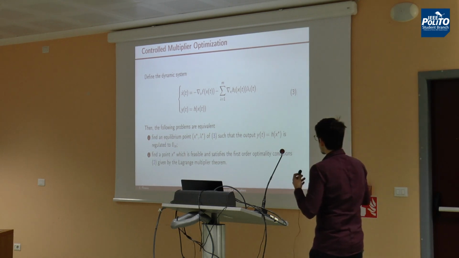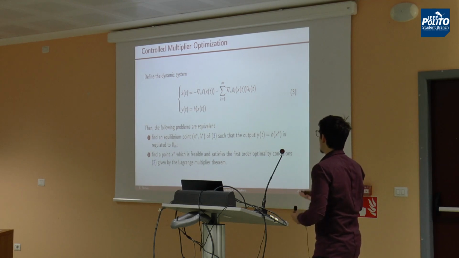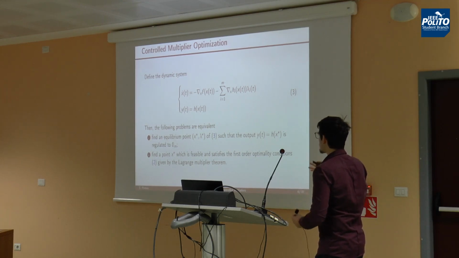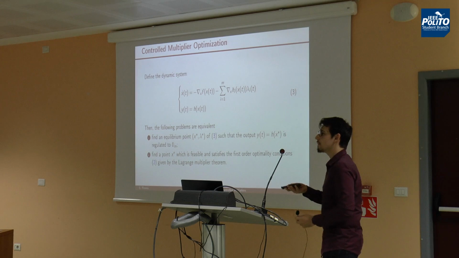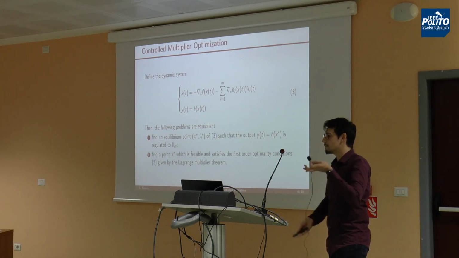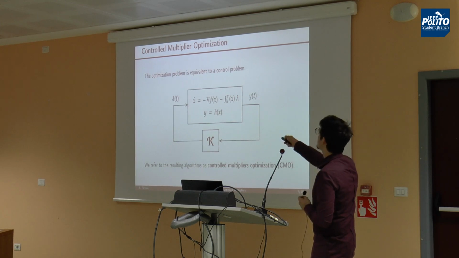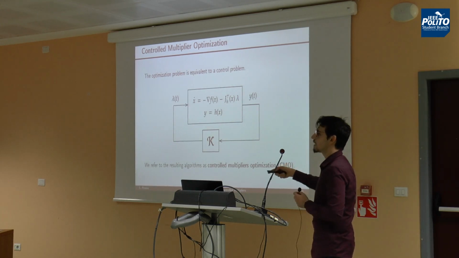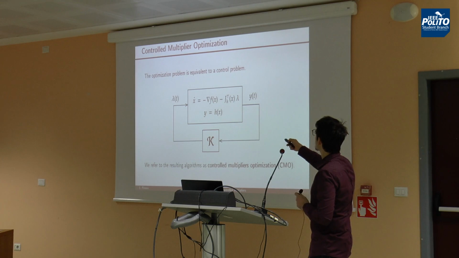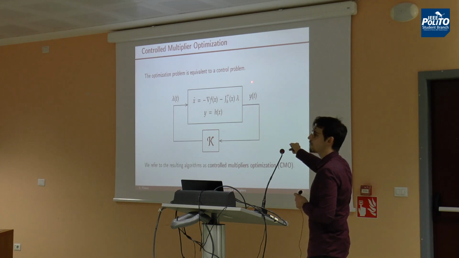And so, on the basis of this parallelism between regulation and stabilization control problems and optimality conditions for optimization, we are able to conclude that any optimization problem of this kind is therefore equivalent to a control problem.